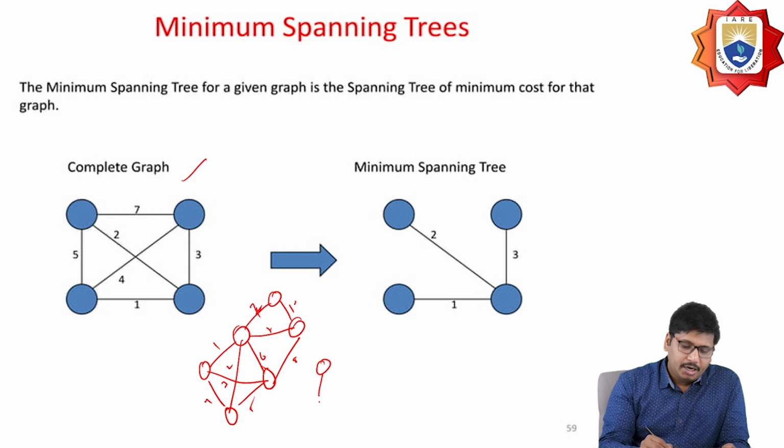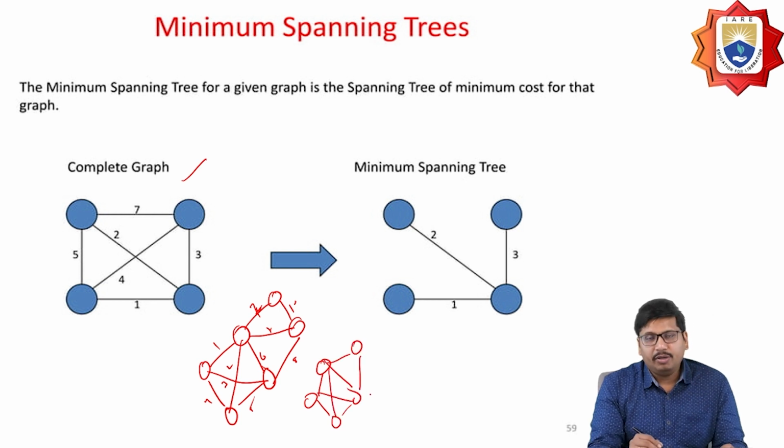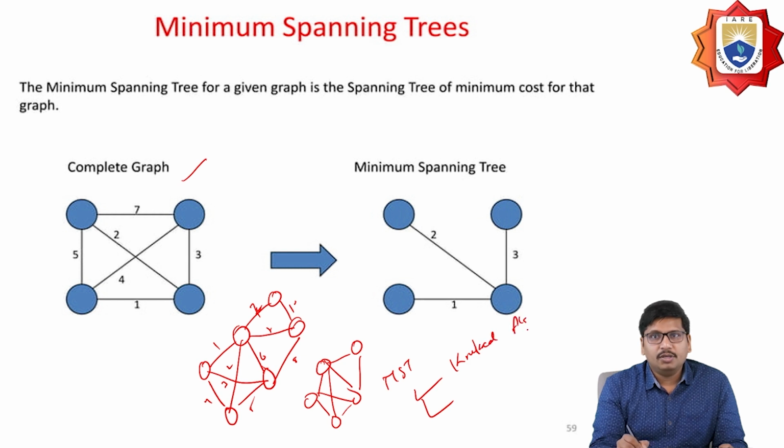The minimum spanning tree I'm going to construct here should be minimum in such a way that the sum of all the edge weights should be minimum. That is the problem of minimum spanning tree. For solving this problem, I'm going to follow two types of algorithms. One is called Kruskal's algorithm, and the second one is Prim's algorithm.